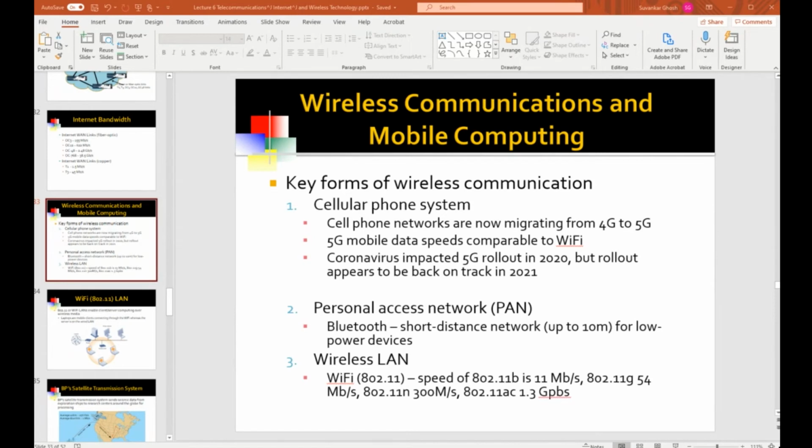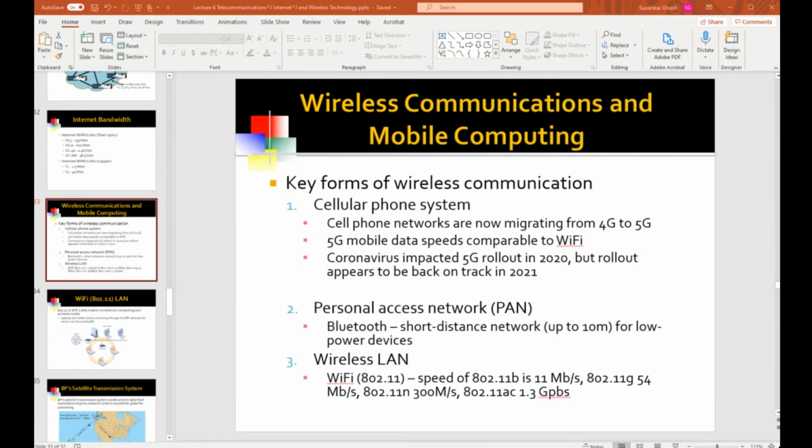Now, if you think about what has enabled mobile computing, the main thing is that wireless networks are now able to support the kind of performance we need, so that we can do reasonable types of computations and applications on our mobile devices like smartphones, tablets and laptops.